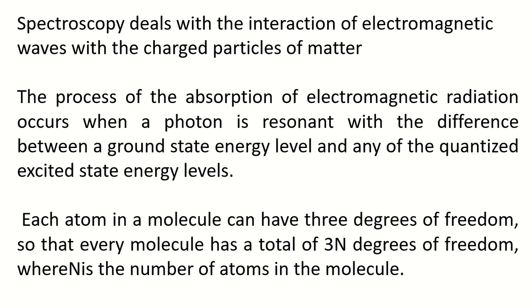Each atom in a molecule can have 3 degrees of freedom, which actually correspond with the motion along the 3 Cartesian axes, so that every molecule has a total of 3n degrees of freedom, where n is the number of atoms in the molecule.